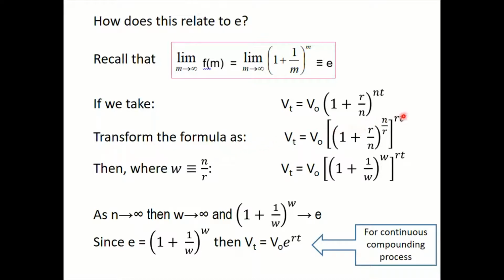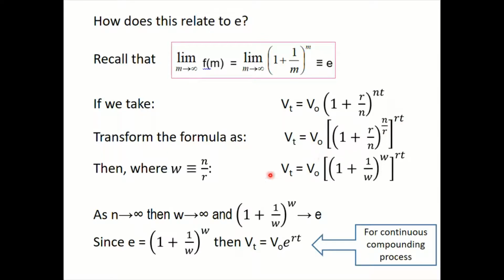All right, just having a look up here, this is where the change is coming in, and what we are going to do is we will have n over r, with all of this in brackets raised to r times t. And because of our rules of exponents, we know that we can do this because n over r times t would leave us with n times t, which is what we have up here.